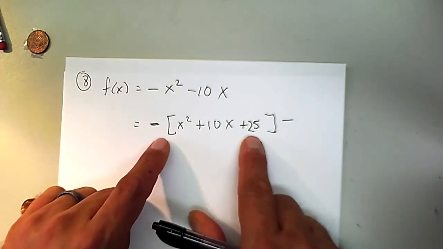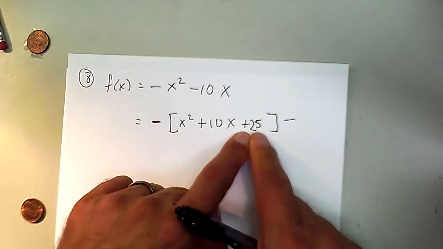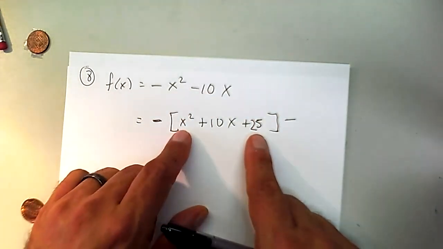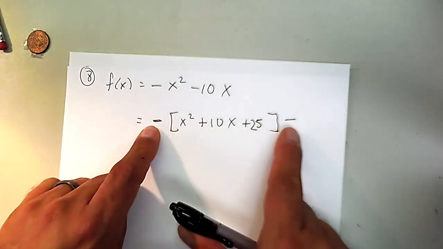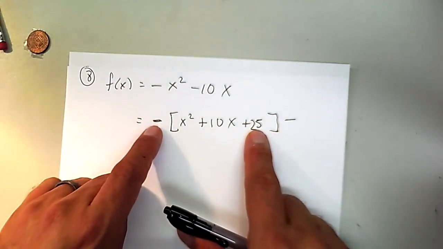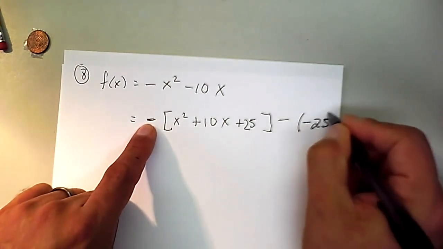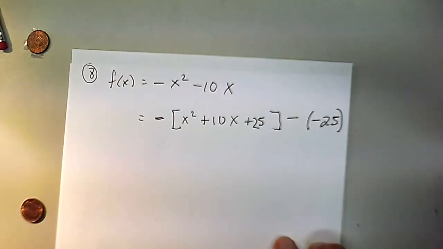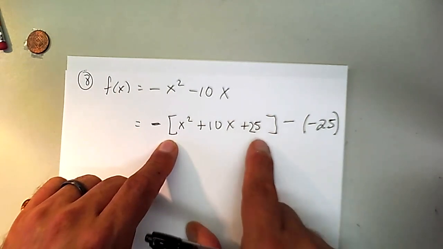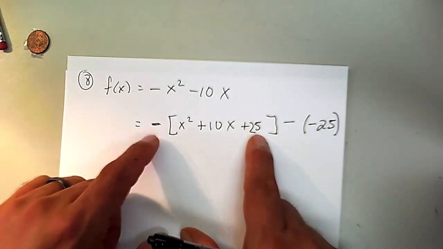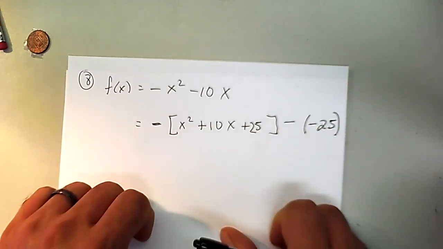Yes, we're going to subtract, but this 25, as written in this bracket, is being multiplied by negative 1. So yes, we're going to subtract the 25 multiplied with a negative. So minus negative 25. That is tricky. So whenever we're adding a number in a bracket, remember the bracket is perhaps been multiplied with something else, and that something else has to be taken into account.